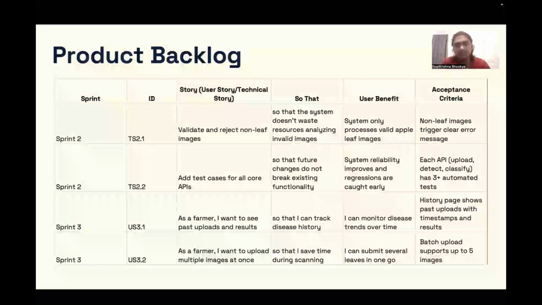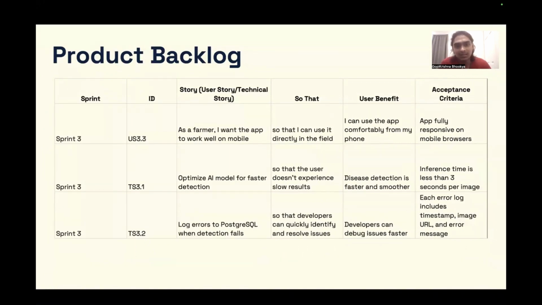We added batch image uploads in US 3.2, saving farmers more time in managing multiple leaves. We also focused on mobile compatibility, ensuring the system runs seamlessly while they are working in the field.